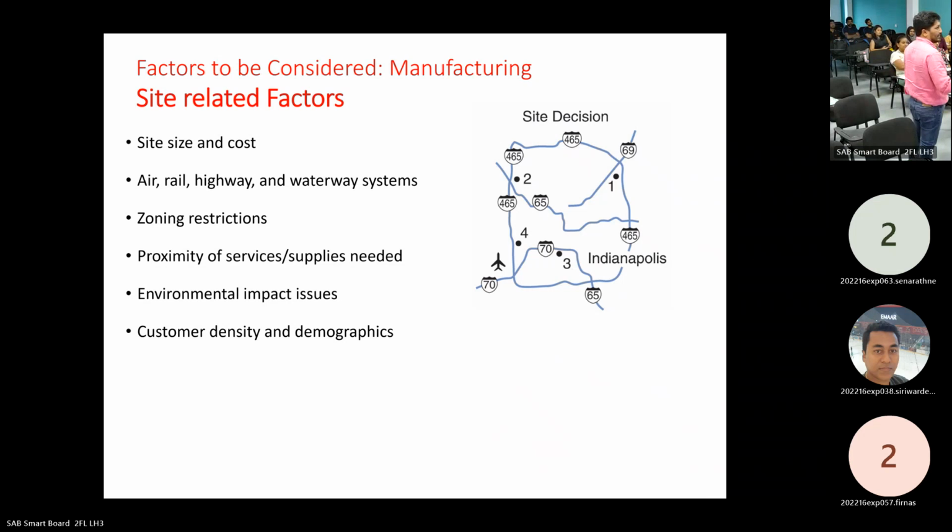Like these: size of the site, cost of the site, availability of transportation systems, zoning restrictions, proximity to supplies, services required, environmental impact issues, and importantly, customer density and customer demographics for services. Based on such factors, sites will be decided. That is how site decisions are made.